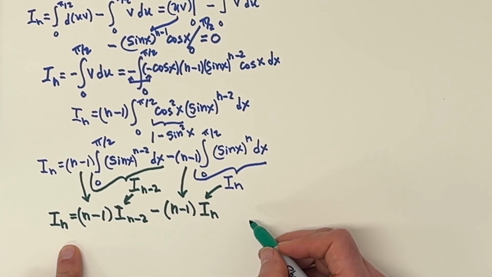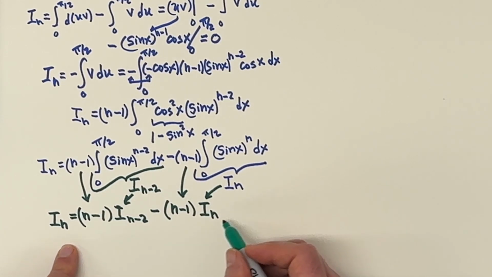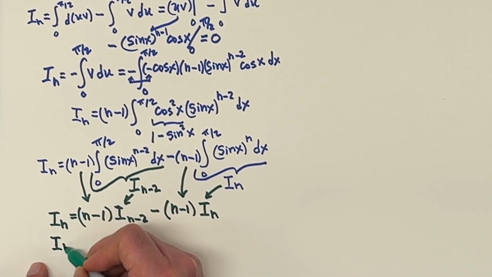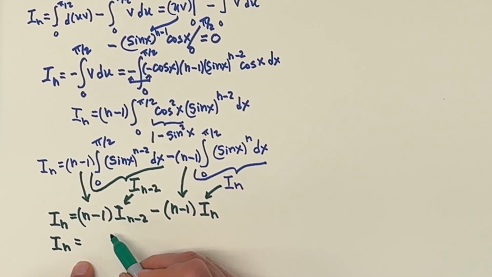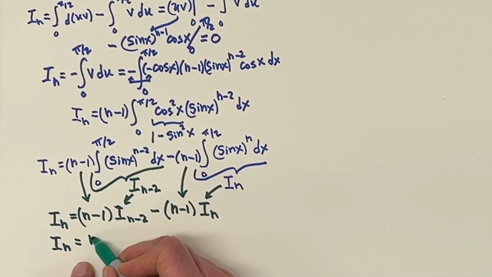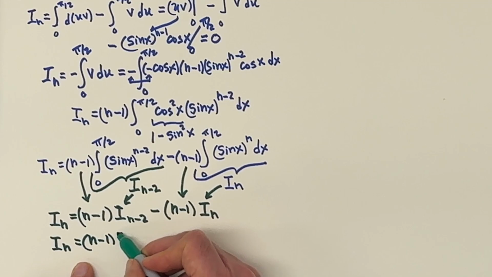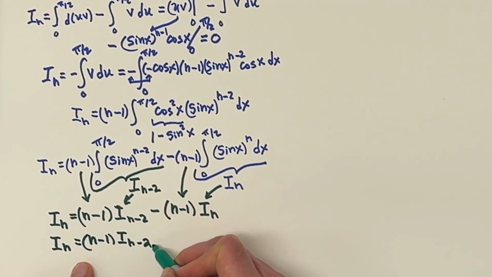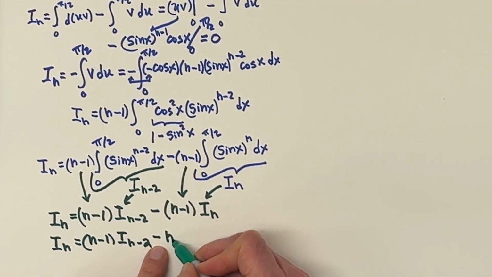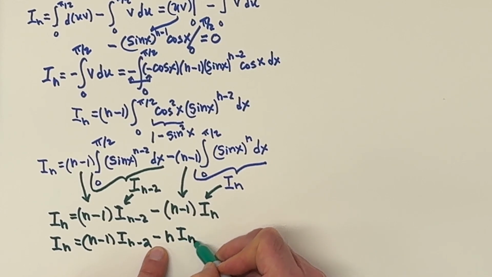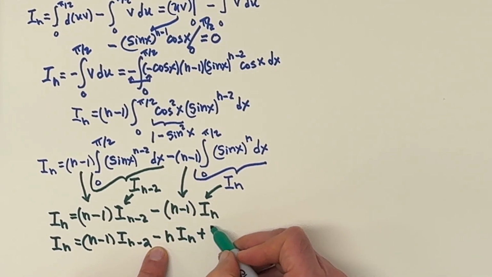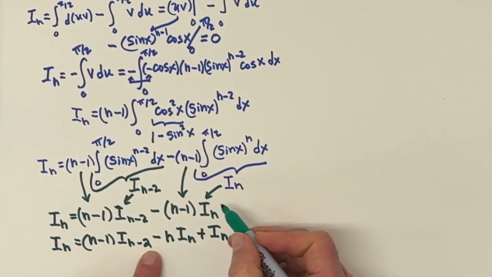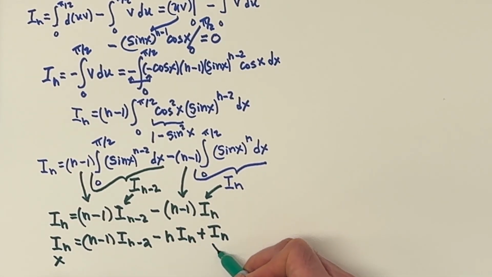Now what I would like to do here is work out on the right-hand side, well, actually I'm going to leave this one alone, n minus 1, I sub n minus 2. But I want to work out the second one because this is minus n minus 1 times I sub n, but then minus minus is going to be a plus 1 I sub n. And I see that this will cancel.